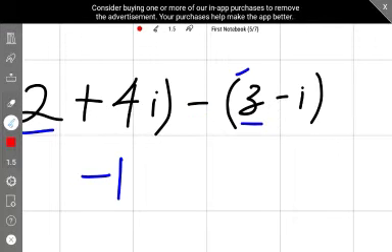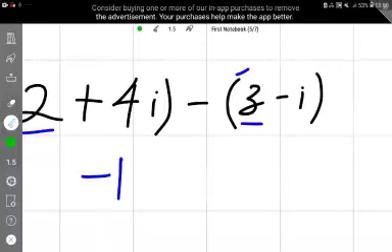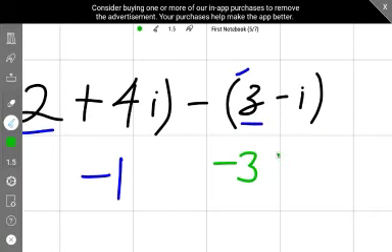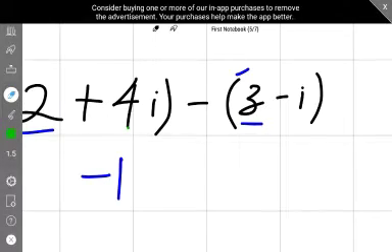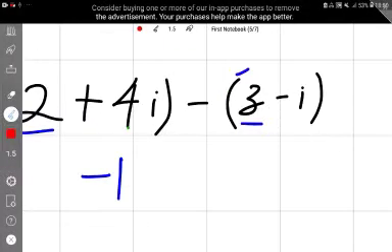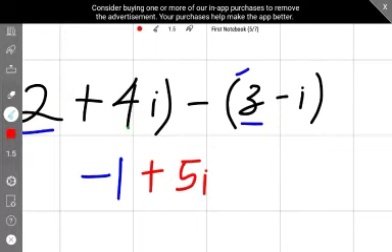Now when you open this bracket, what you would have is minus 3 plus i. So this becomes 4i plus i, rather than the usual 4i minus i as we have it there. So the answer is going to be minus 1 plus 5i. That's the answer to the second one.